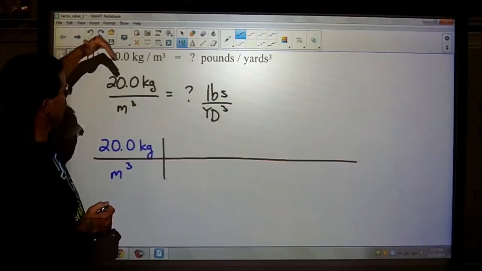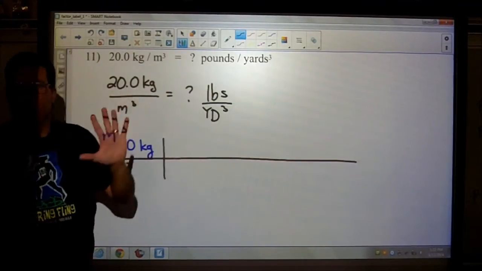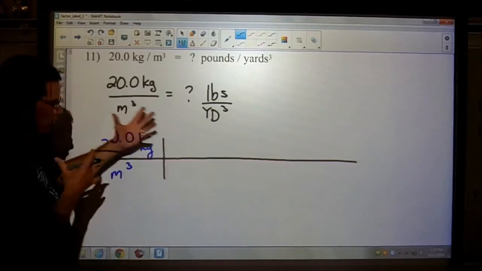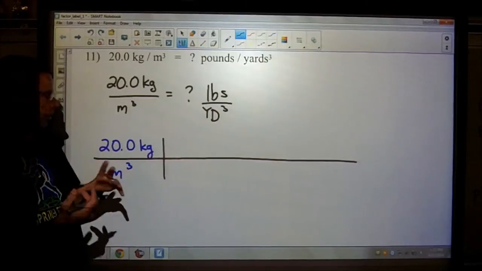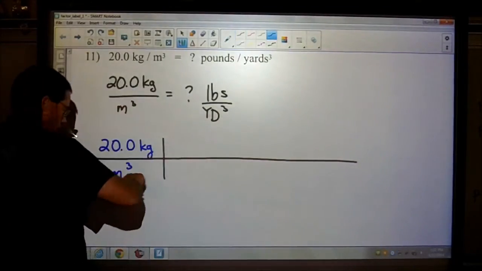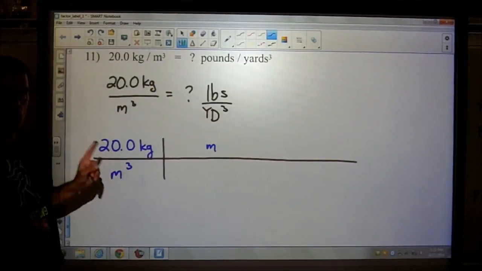So I'm going to start with the kilograms going to pounds first. Actually, no, check that. I'm going to do the cube first, just to mix it up, just to show you there's variety in how you can work this out. So again, I'm going to move my meter diagonally, but I'm not going to use the cube just yet.